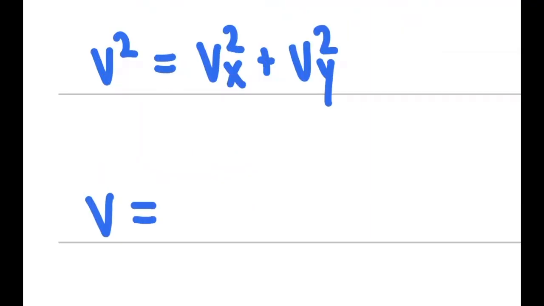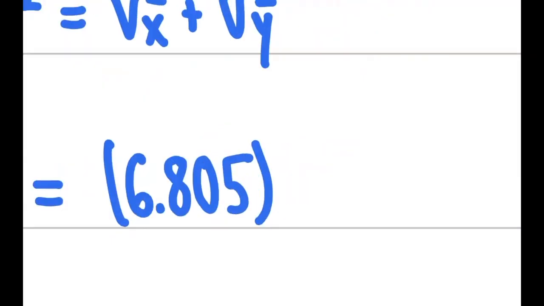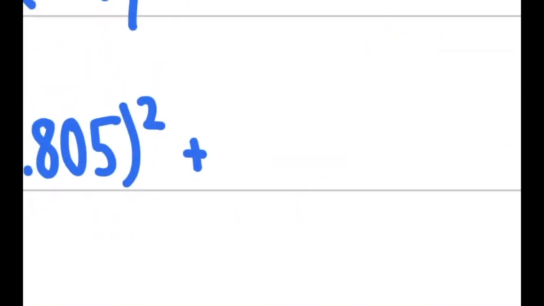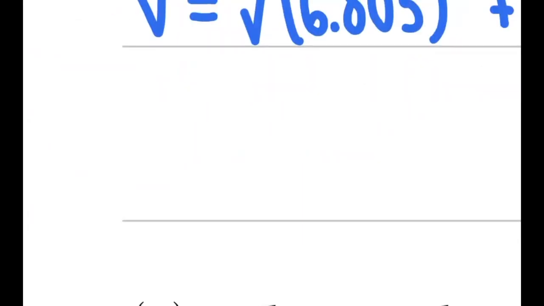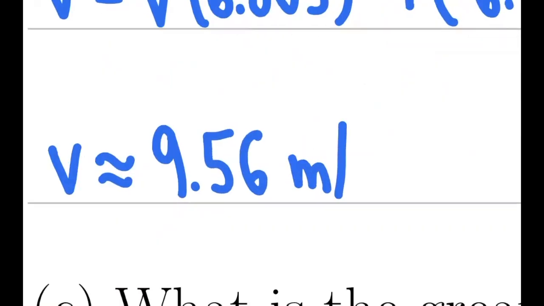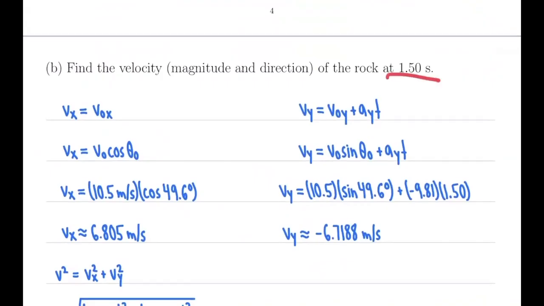Basically, to find the magnitude of a vector, you take the square root of the sum of the squares of its components. Vx squared, that's 6.805 squared, and vy is negative 6.7188, and we're going to square that too, and take the square root. So you'll get v is about 9.56 meters per second.